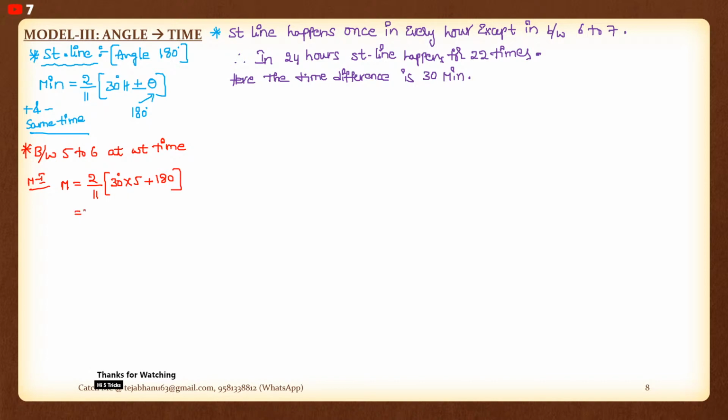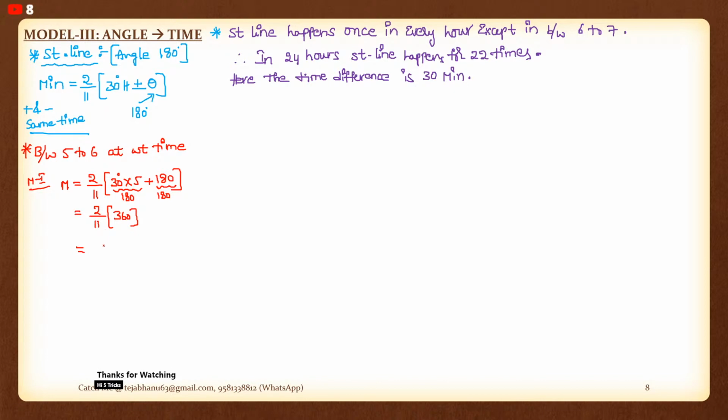If you cross-check, you will get the same value with plus and minus. I'll show you for one question. See, 2 by 11 into 180 plus 180. This will become 360.